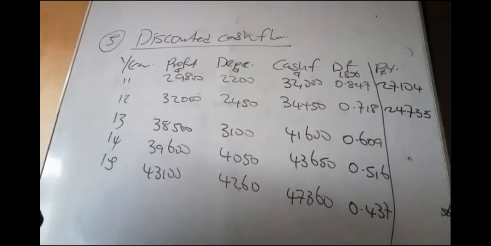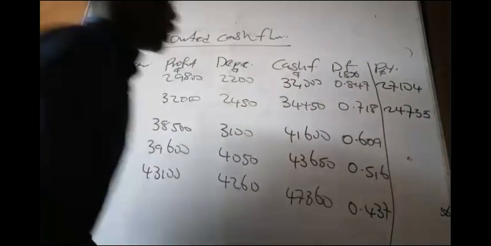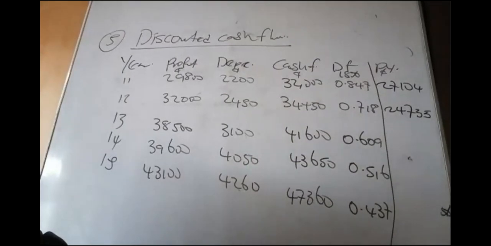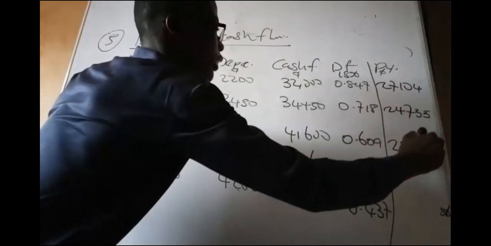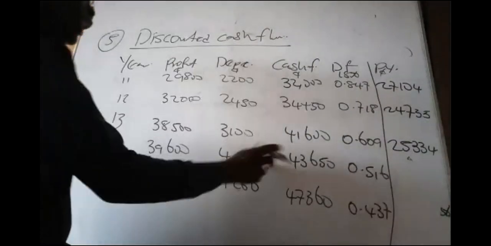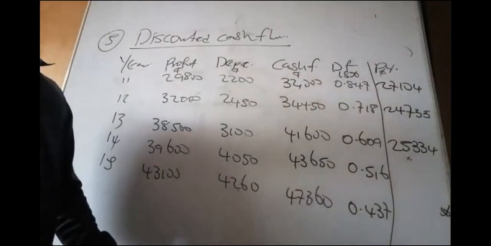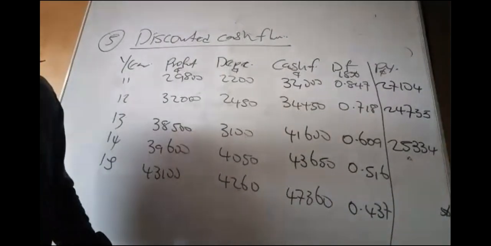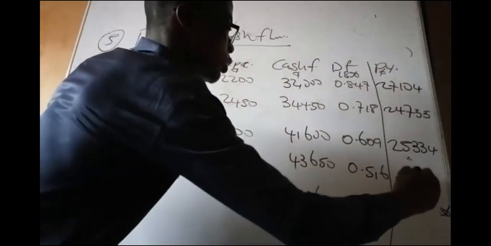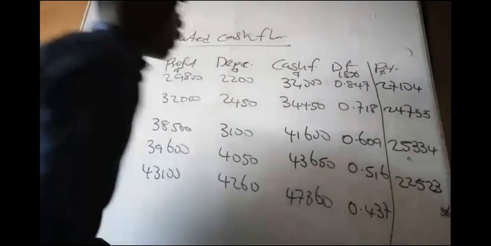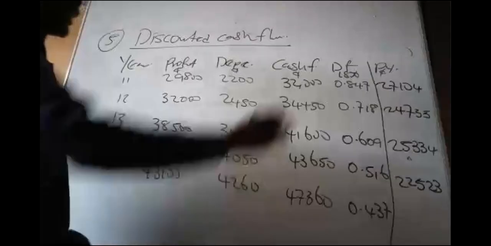Let's go to year four. Year four, we have 22,523. So year three, 25,334. And year four, 22,523. And then can we add all of them?